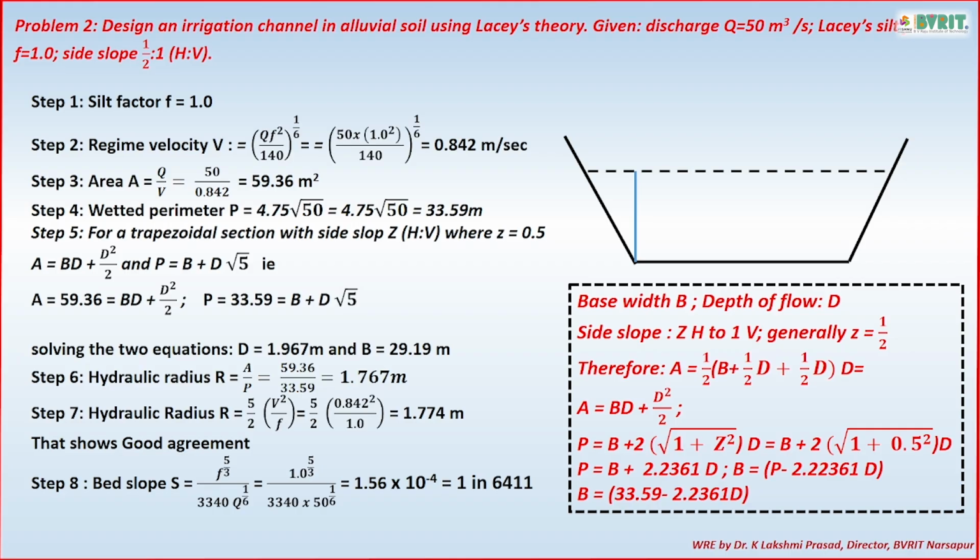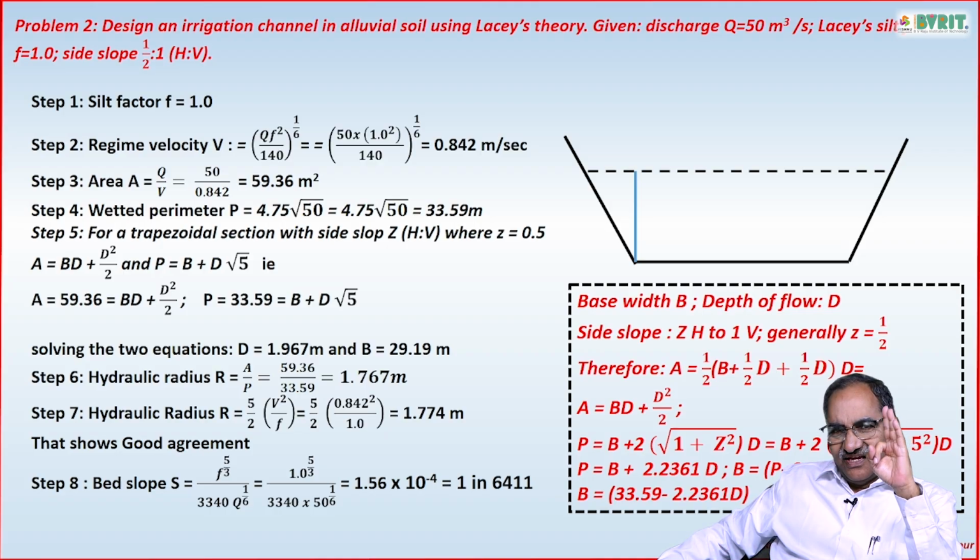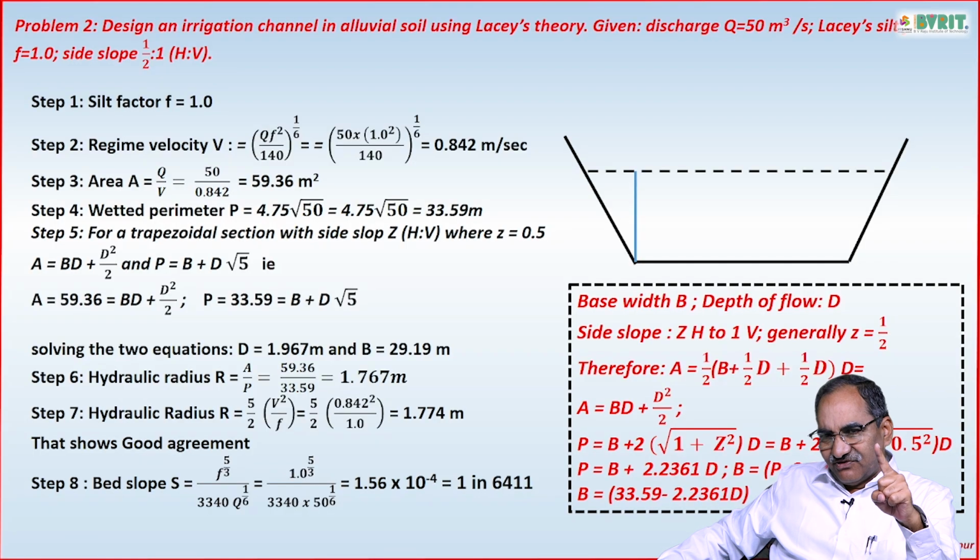Then another problem, in the same way, Q is equal to 50. I have done different discharges, right? 30, 15, 50. In this problem, the moment you look into it, the first step is: F is given. So calculate V first, then calculate A next, then P next. A and P are known. So find out B and D. For a trapezoidal section, you should know what A is and what P is.